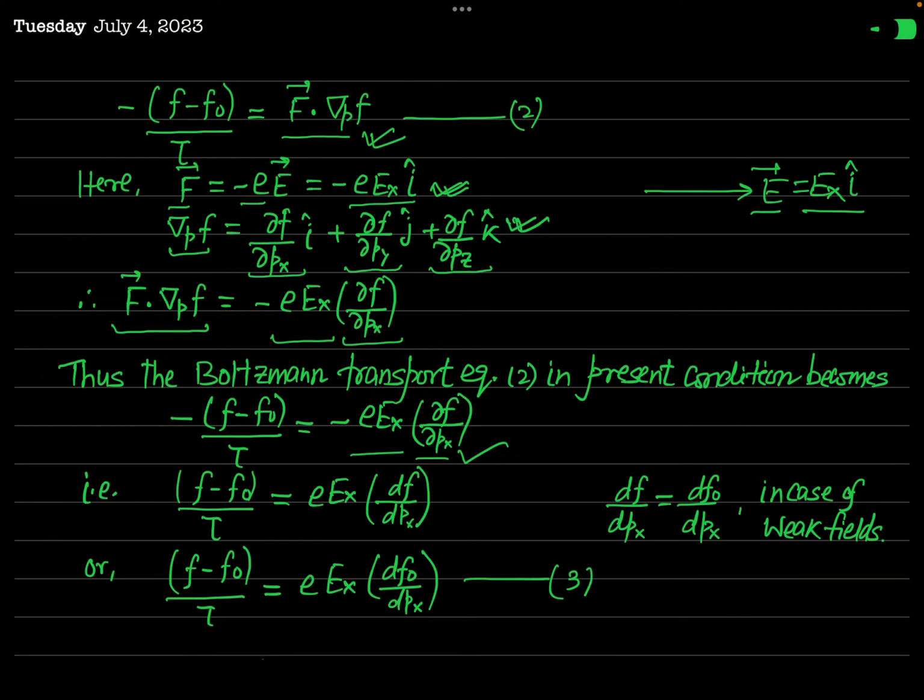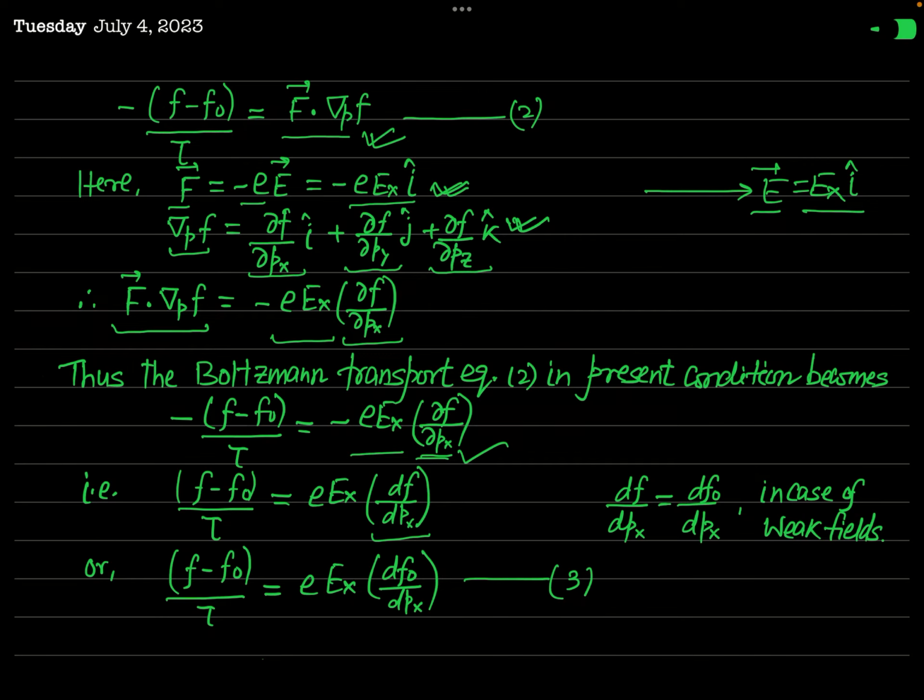Now here you can see, since this distribution function f is a function of only Px, not of Py and not of Pz, instead of writing this partial derivative, you can also write an ordinary derivative. And so I have written in the next step df by dPx instead of del f by del Px. You can write it. Okay. Now think what we have assumed earlier.